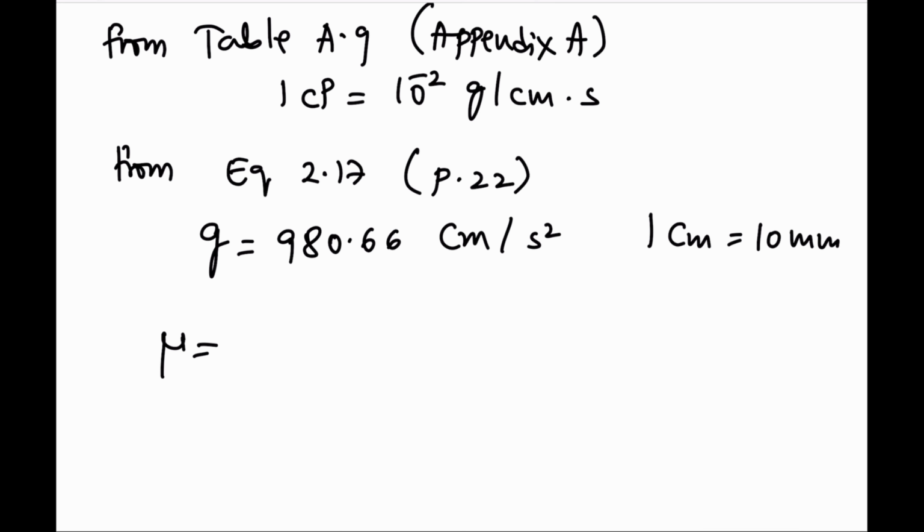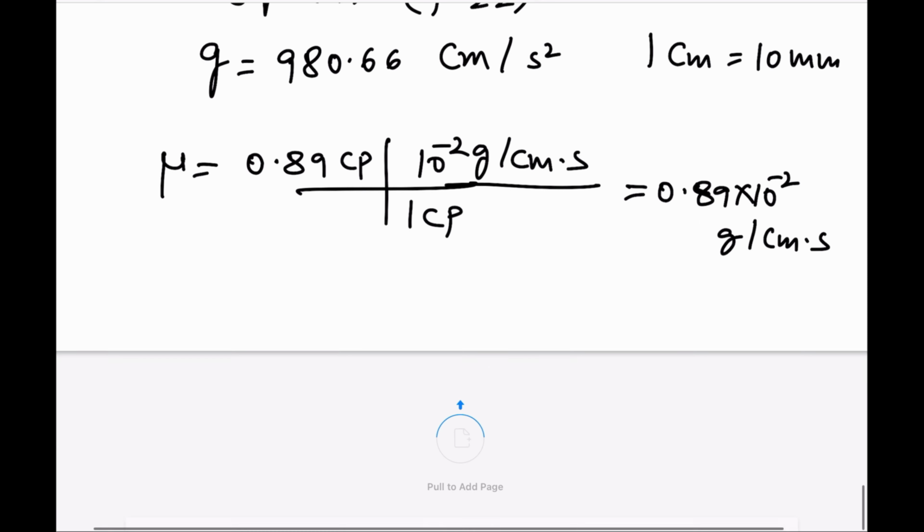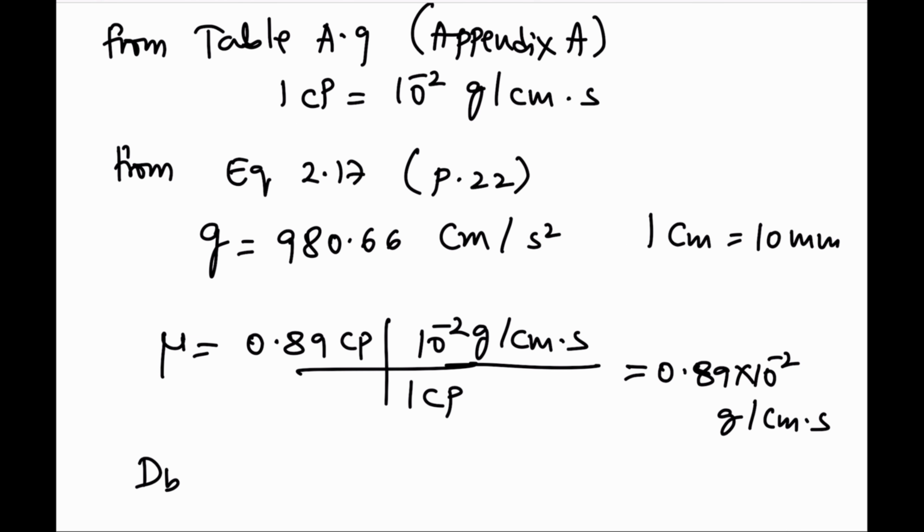Since 1 centipoise is 10 raised to minus 2 gram per centimeter second, it becomes 0.87 into 10 raised to minus 2 gram per centimeter second. The bubble diameter dB is given as 2 mm. Since 1 centimeter is 10 mm, it becomes 0.2 centimeter. So we have all the quantities in consistent units.